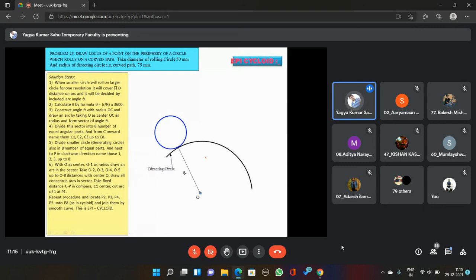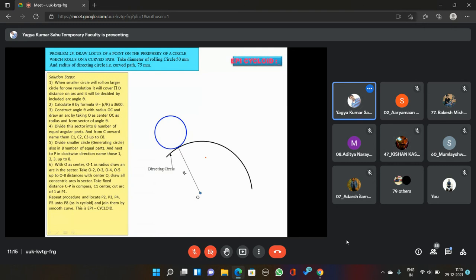We cannot locate a particular point on this directing circle for the circumferential length. Can we, by drawing a chord length equal to pi d? No, that is chord length, not arc length. But we want arc length in this particular question.